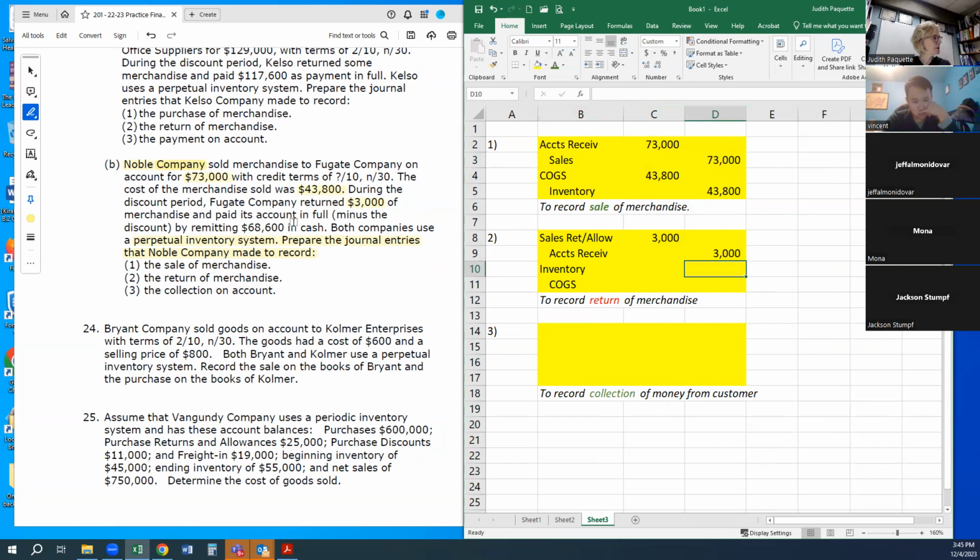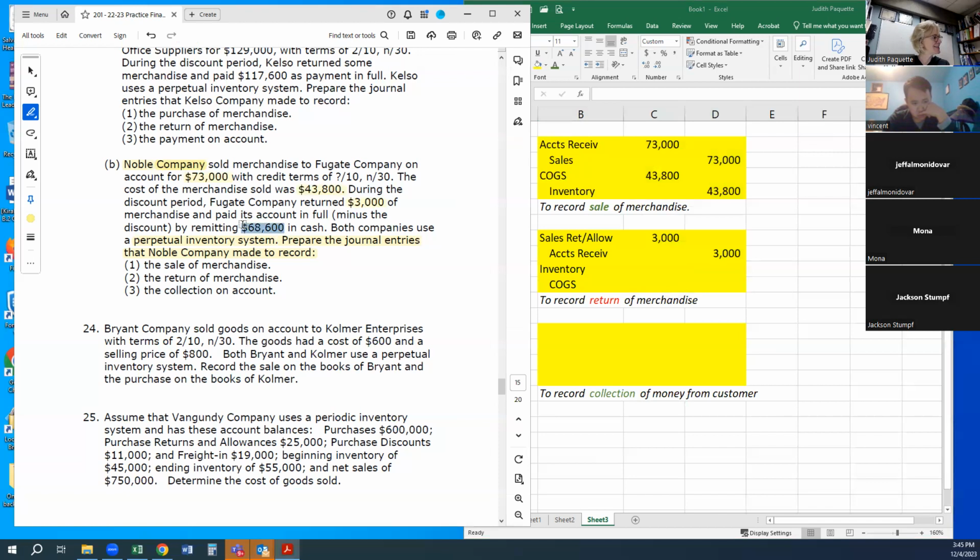Now inventory... Oh, wait a minute, hold on. During the discount period, Fugate returned 3,000 of merchandise and paid its account minus the discount by remitting 68,600 in cash. All right.